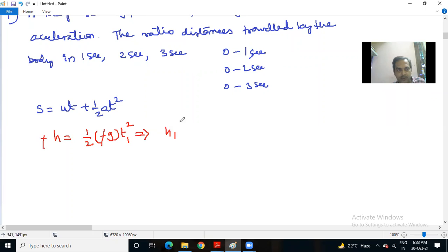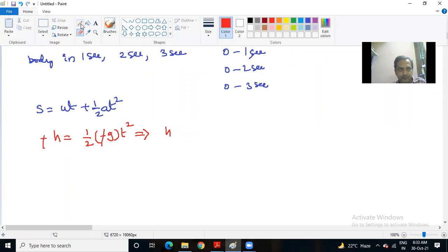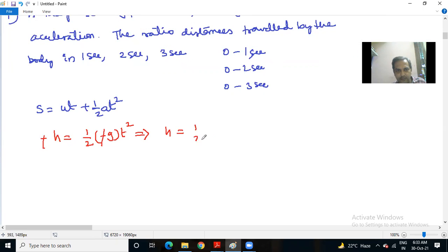H1 is equal to, okay, basic equation you write down better. Instead of writing 1 and 2, first you write down the basic equation H is equal to half g t square. So now you can say H is proportional to t square.